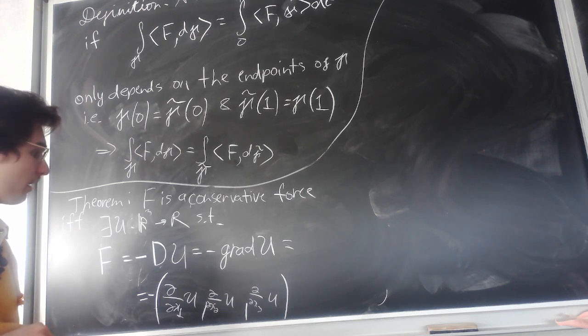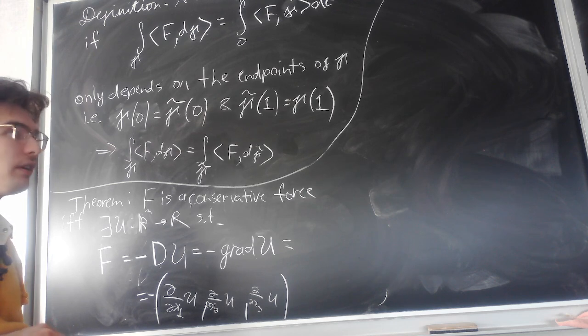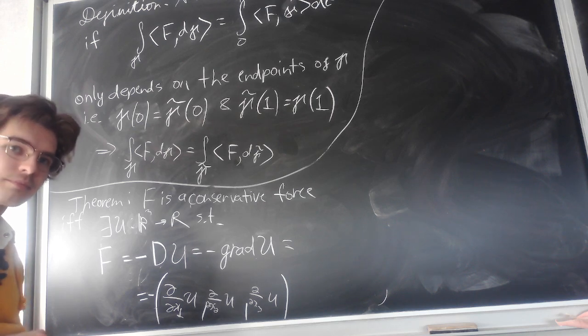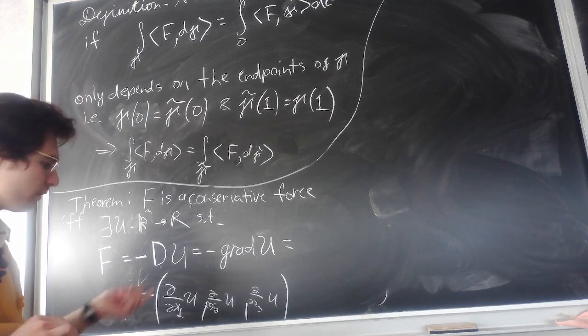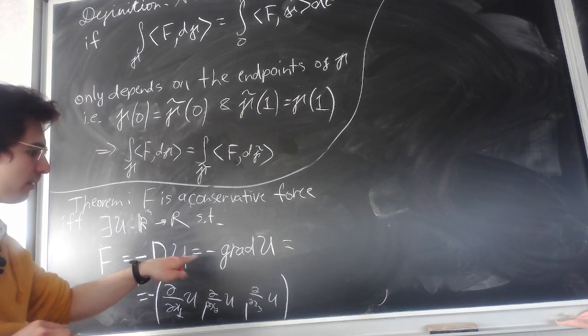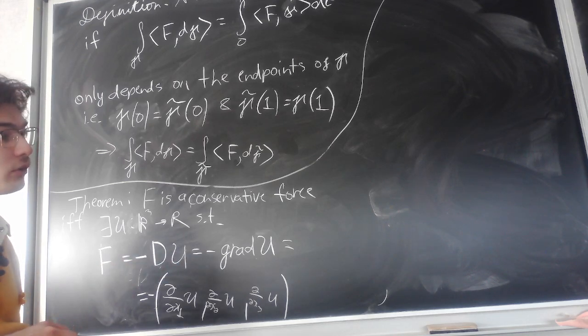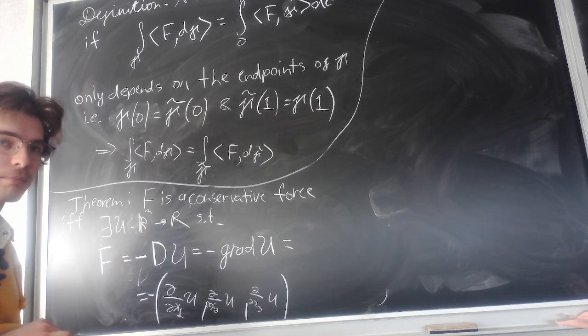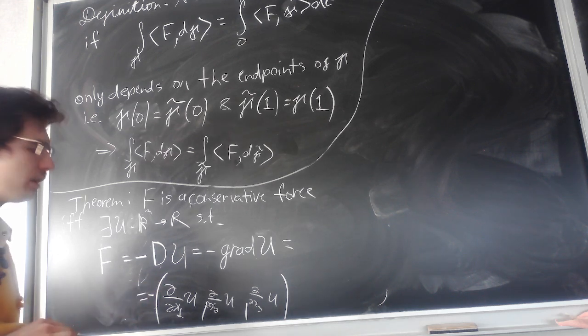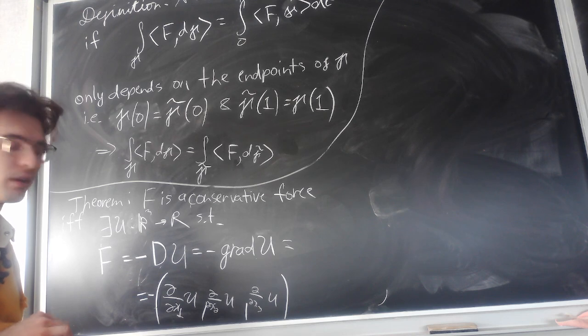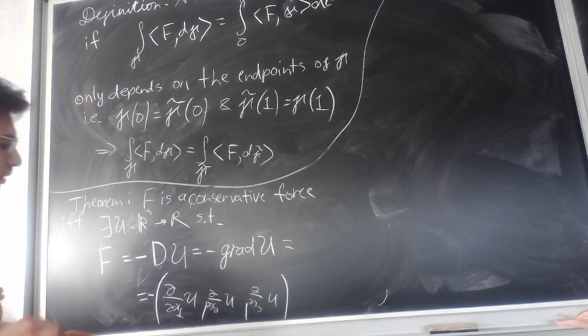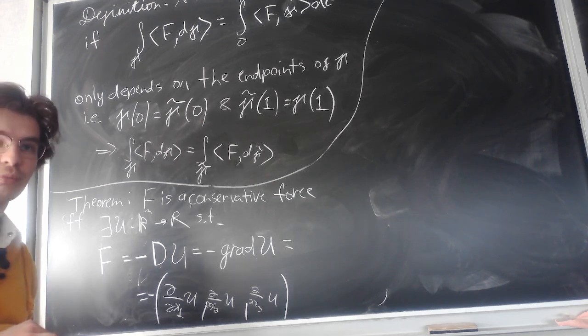So why is this the obvious thing that should give us the answer? Why is the integral of minus grad U not dependent on the path, but other things maybe would be? If you integrate this over some path, why would this not depend on the path that you choose?